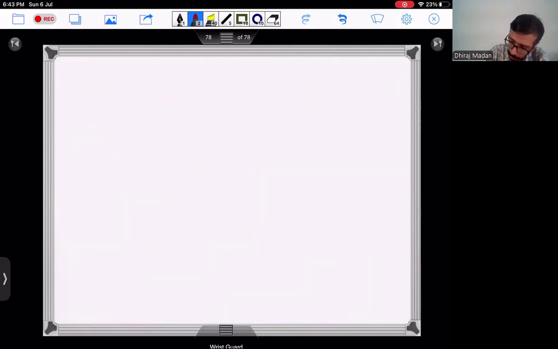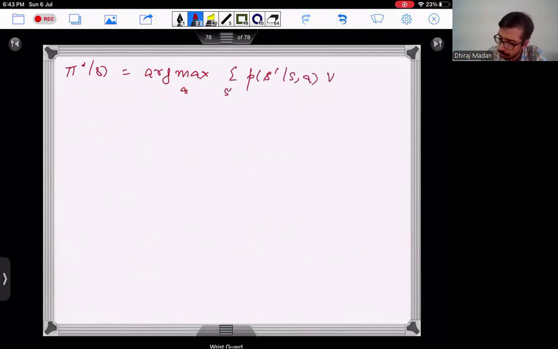From this, we can recover an optimal policy. It's quote unquote optimal because if the solution were exact it would have been optimal, but otherwise it's a fairly good policy, which is argmax over A, sum over S prime, P of S prime given S and A, V star of S prime. So if V star is optimal, then we'll get an optimal policy.